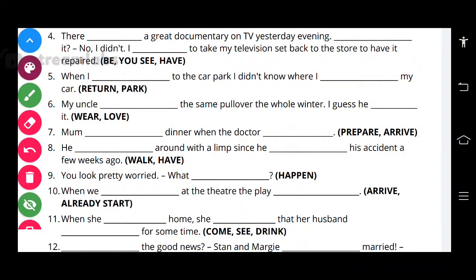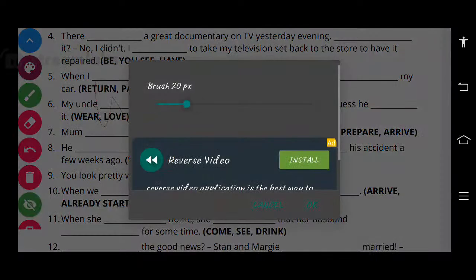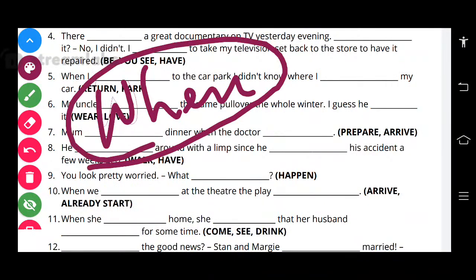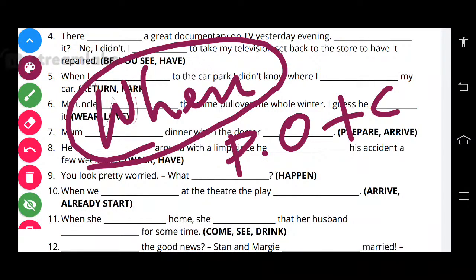Let us see the seventh example. Mom cooked dinner when the doctor arrived. Again we came across another example with the subordinate conjunction when. Most of the time we use when to express a past ongoing action plus a completed action.